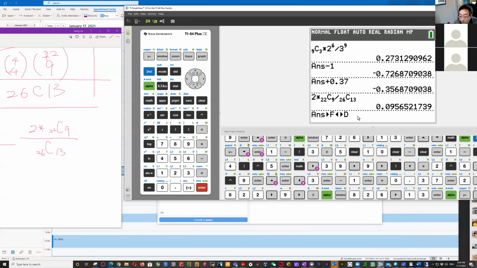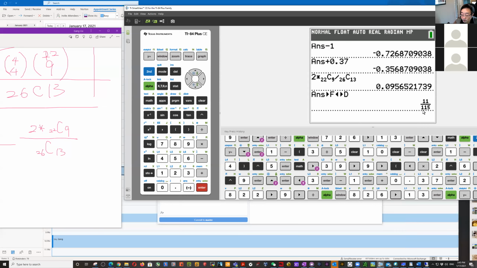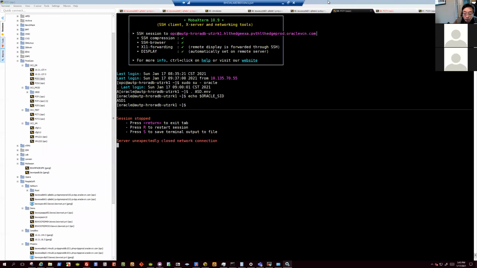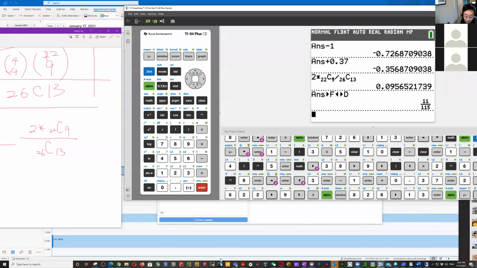And so we actually get 11 over 115. So basically we convert it back to 11 over 115. Obviously this has a lot of cancellation, so it's possible for me to do it by hand. Let's see if we did it right or not.